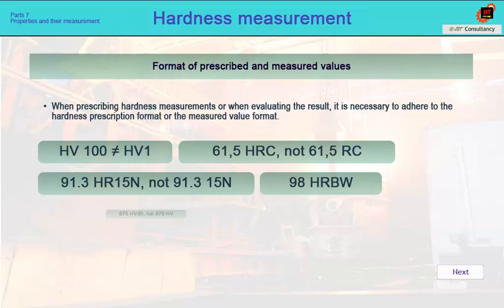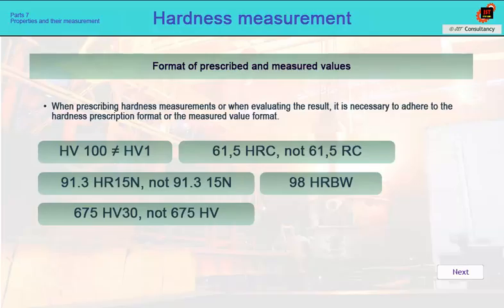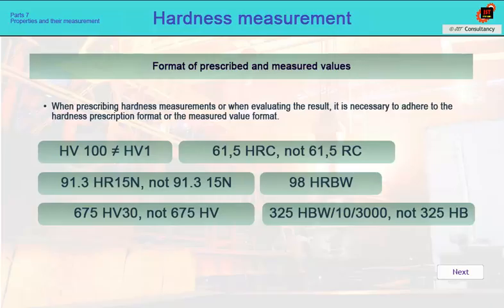For the Vickers method, we will write 675 HV30, not 675 HV. And for the Brinell method, with a 10 mm diameter tungsten carbide ball and a load of 3,000 kilograms, then as 325 HBW10/3000, not 325 HB.